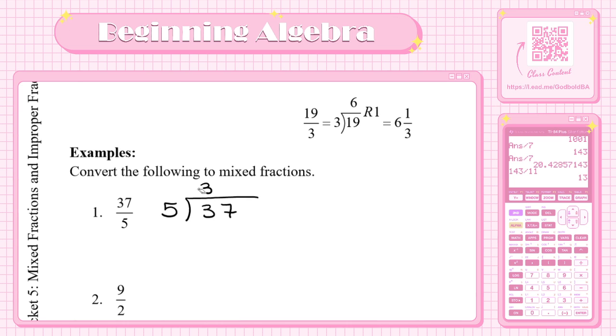Oops, don't want to write 35 there. I don't know why my brain didn't want to believe that for a second. So 5 times 7 is 35. Put my 2 there. So this right here is my remainder.